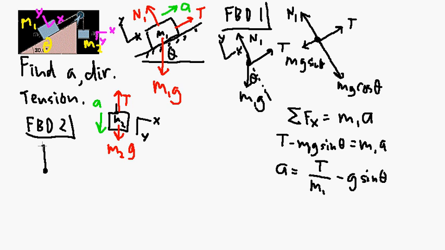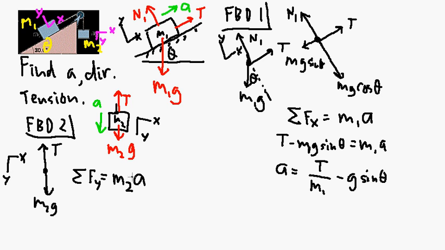So for the free body diagram for number 2, there's our tension. I'm going to draw my coordinate axes because, you know, I'm a good physicist. And there's my M2G. So let's do a sum of forces in the y direction. Now remember, I defined y positive going down. So this is going to equal M2 times A, where A is going down.